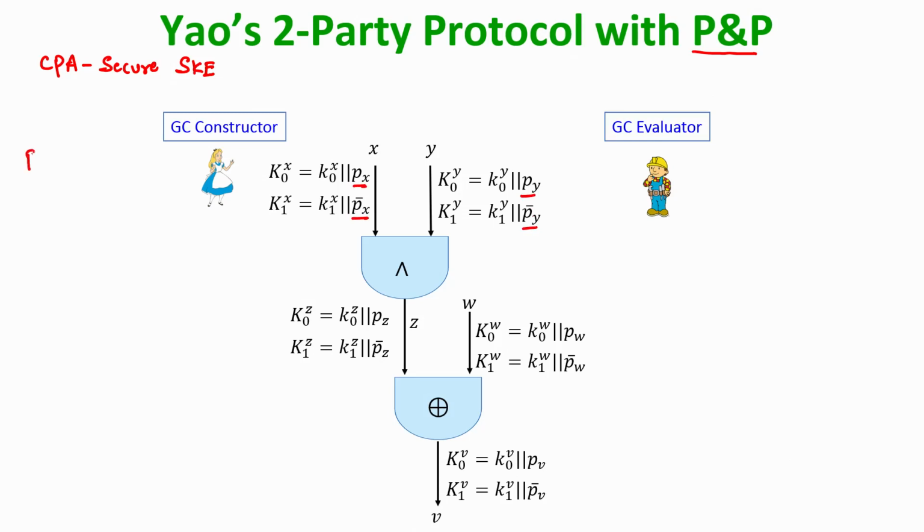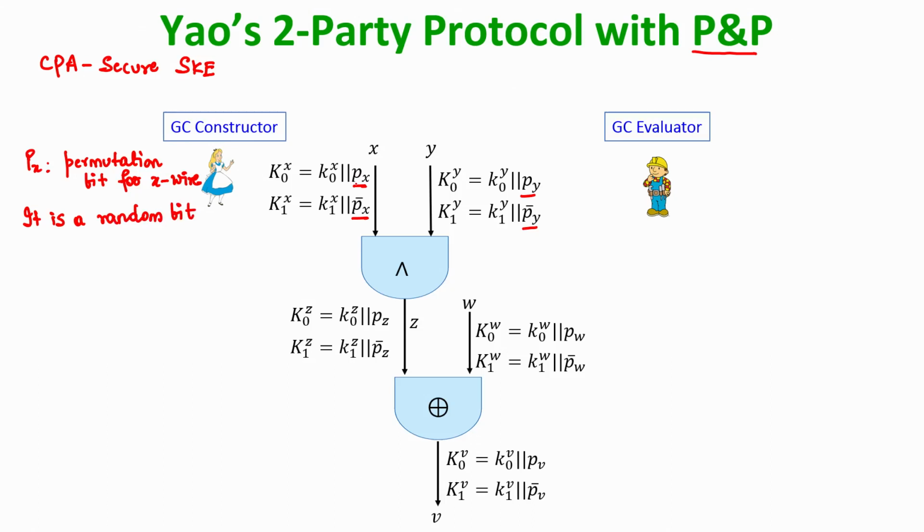So, P x here will be called the permutation bit for the X wire, and it is a random bit which could be either 0 or 1 with equal probability. And the important thing is it is a random bit.